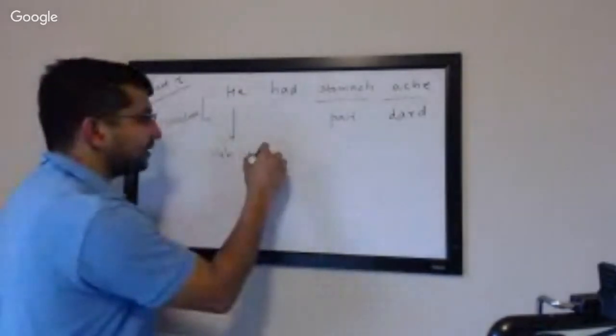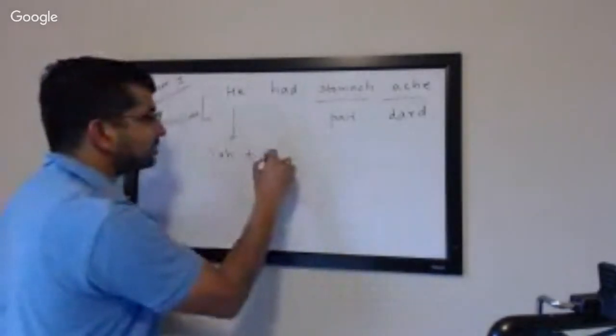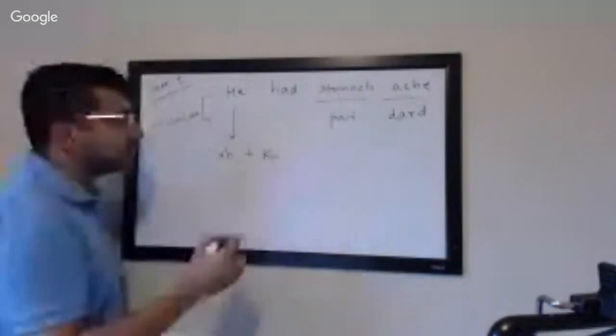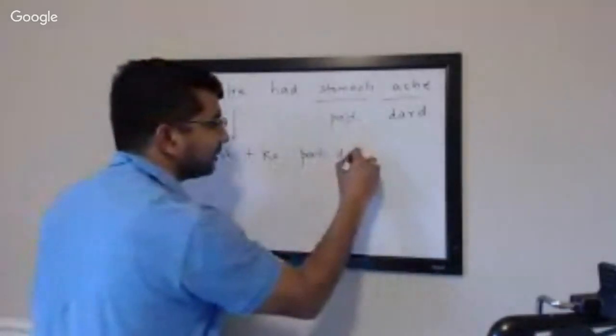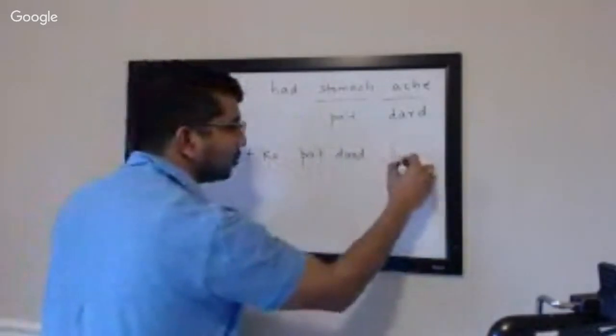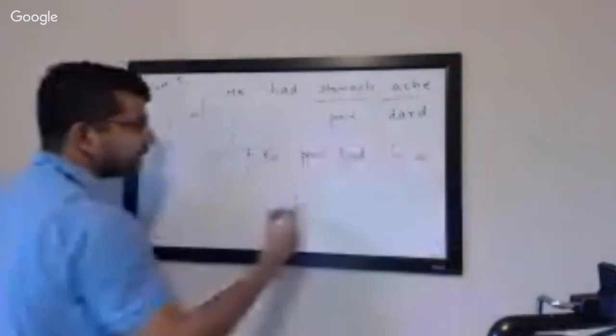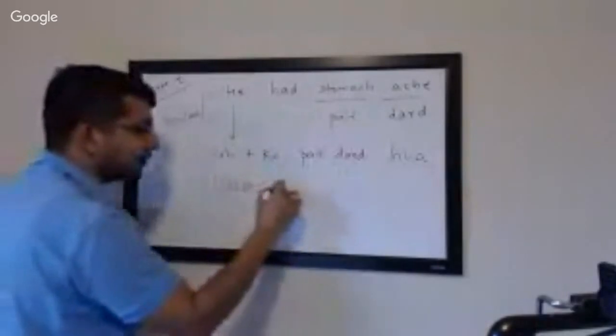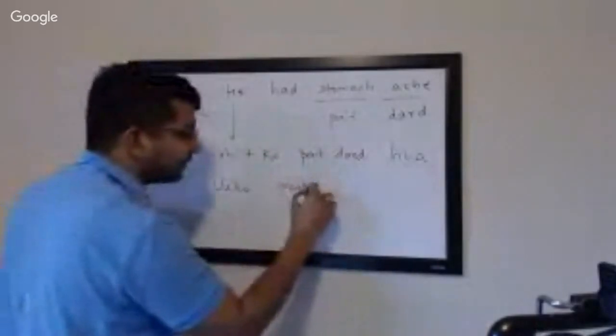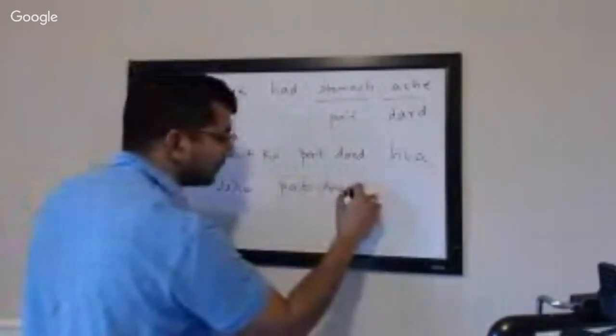So you say wah plus ko, the post position. And then you'll say pet dard हुआ, because dard is masculine singular. So you'll say उसको पेट दर्द हुआ.